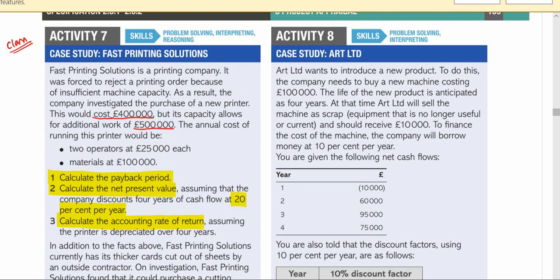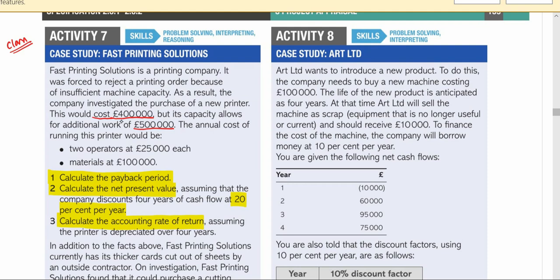So we are going to calculate the payback period. For the payback period, we need to find the cash flows, so we calculate the annual cash inflow. What is the annual cash inflow that we will receive?